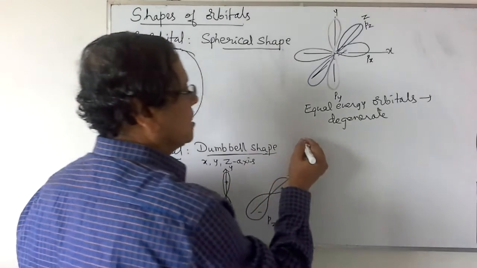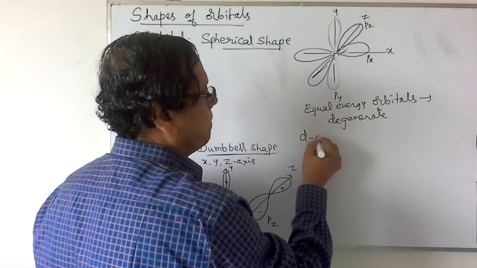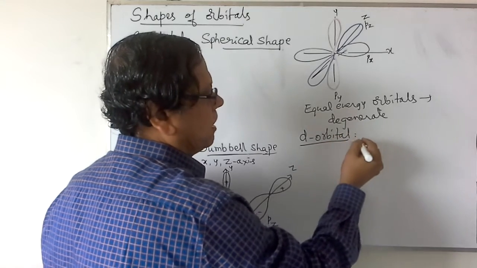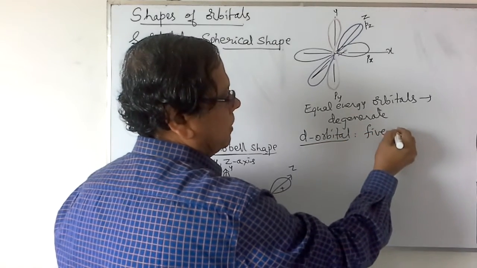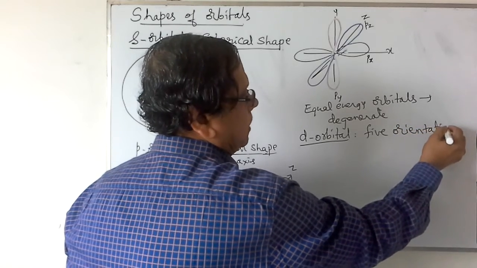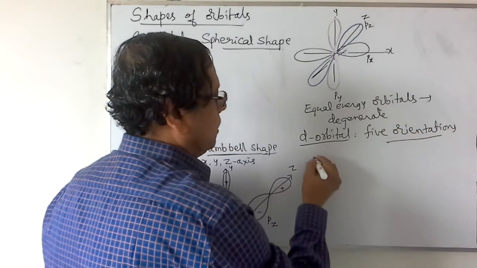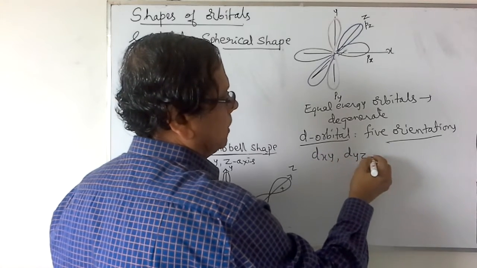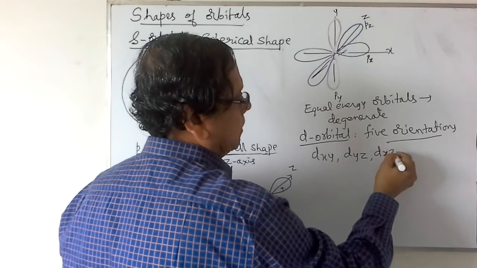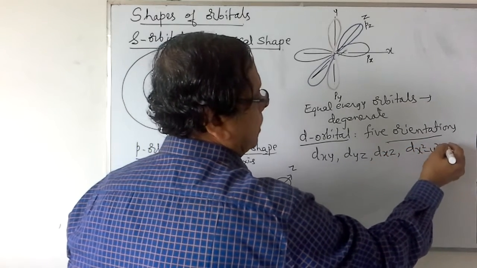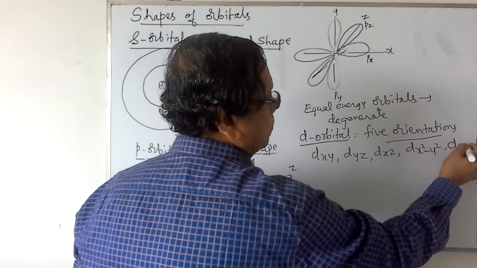Now let us consider these shapes of the d orbitals. As the magnetic quantum number indicates, there are 5 orientations. So these 5 orientations can be indicated with the shapes which are actually indicated as dxy, dyz, dxz and dx2-y2 and dz2.